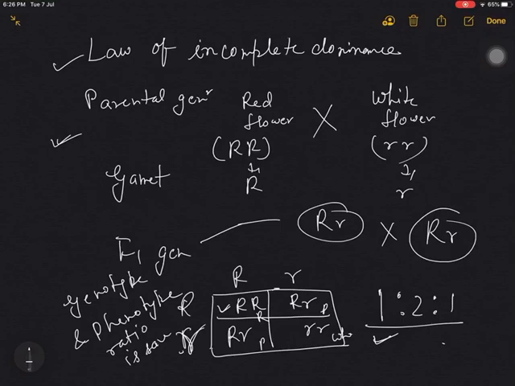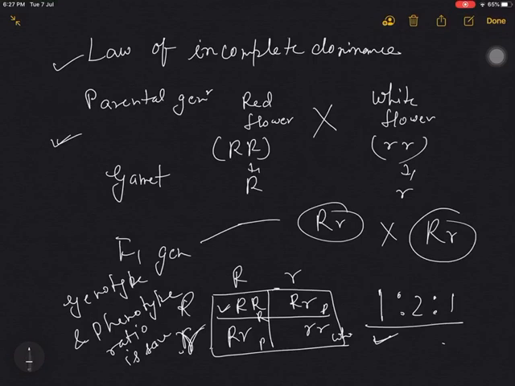This is a question generally given in the exam. Suppose a plant's flower gives you an equal ratio, that is, the genotypic ratio and phenotypic ratio are the same. What is the name of the phenomenon, and explain it by making a checkerboard or cross.